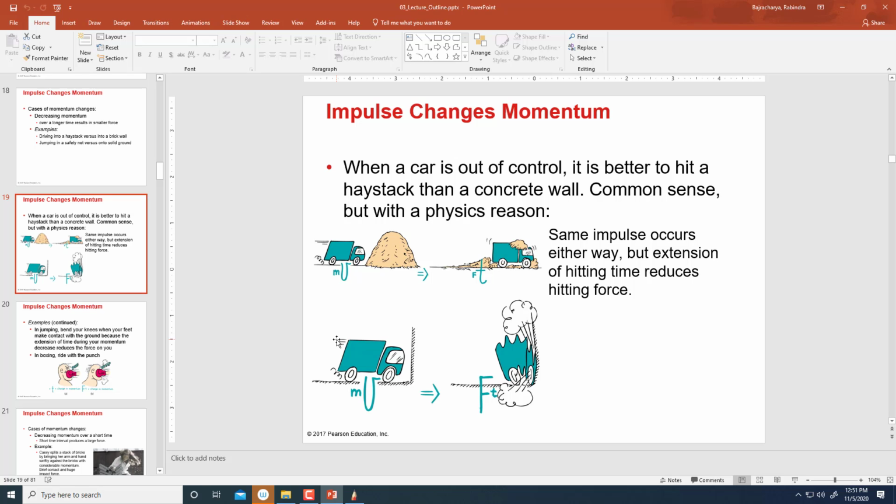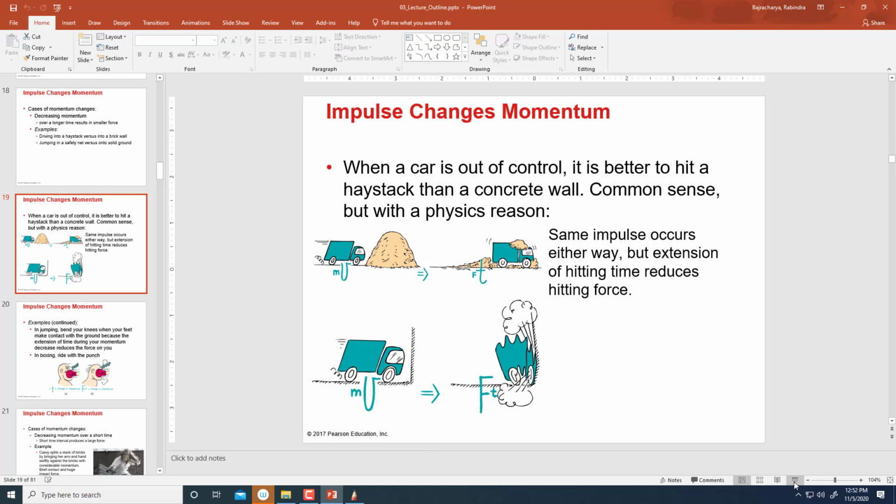If you hit a haystack versus a concrete wall, it will be more damaging in this case, hitting the concrete wall versus the haystack. The reason for that is, in order to stop the car or the truck, you need to apply some impulse, right?